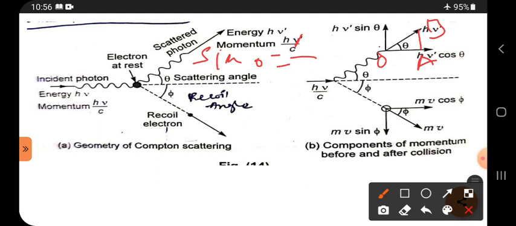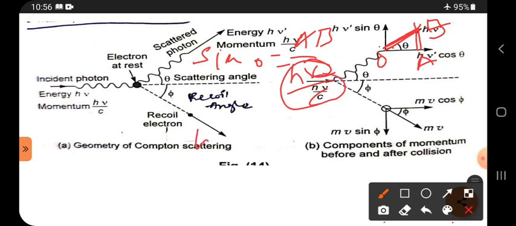Opposite is AB, and the hypotenuse is from here to here, which is h nu by c. Bring this h nu by c to this side. h nu by c sine theta is equal to AB.